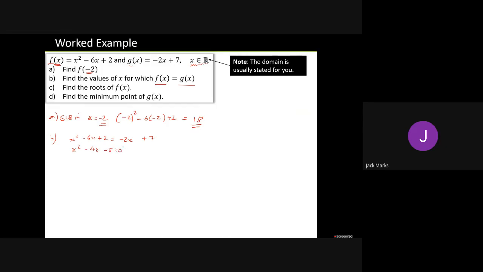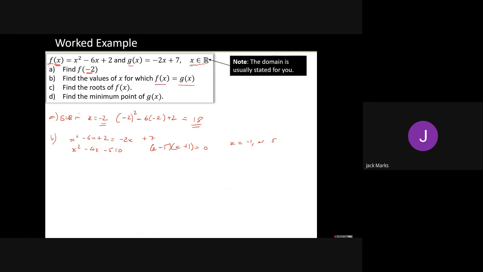And then you can use whichever method you prefer to solve this one here. I think this one factorizes quite nicely, so let's just do that. So -5 and 1. So when are these things equal to each other? Well, it's when x is -1 or 5.